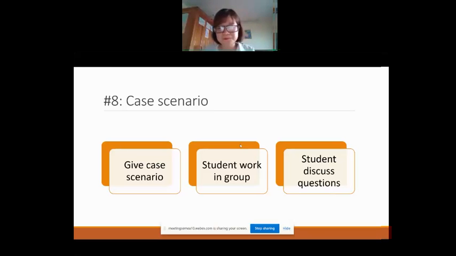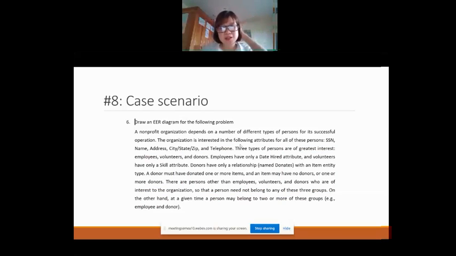For example, this is a scenario that I used when I taught entity relationship diagram, and I show this scenario to my students and require them to read it carefully, then work in groups to identify entities, attributes, and relationships between entities, and then create the entity relationship diagram.